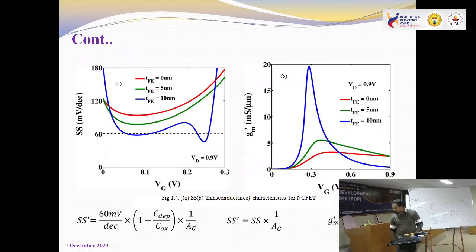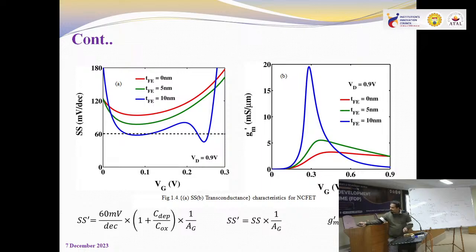Okay. So I was saying I have taken only up to 0.3 because we have to discuss subthreshold. Now this is the characteristic. Just see at TF equals 0, which corresponds to MOSFET. In MOSFET you can see nowhere is it going below 60. This is the 60 line; it is above 60.